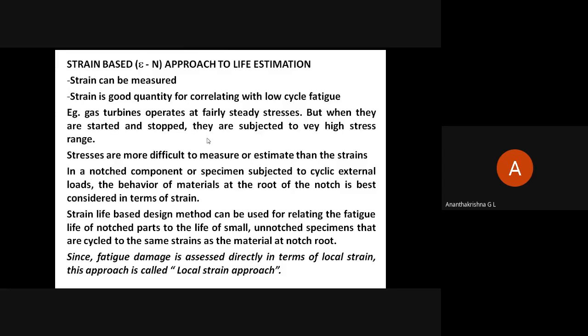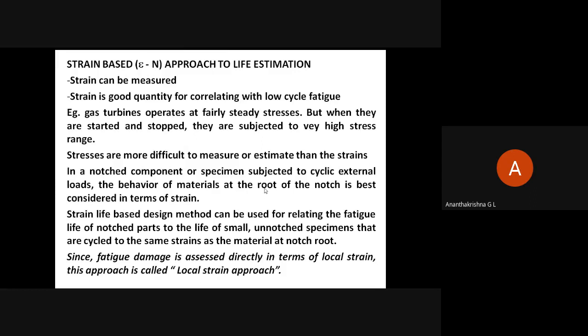The same holds good for many components where starting and stopping happen frequently. As I said, stresses are more difficult to measure or estimate than strains. For strain, we have lots of instruments, so we can mount them at appropriate places and extract the values of strains.